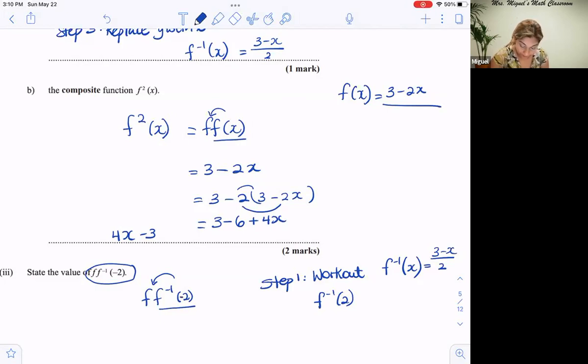Just take a note of that. It is f inverse of minus 2.